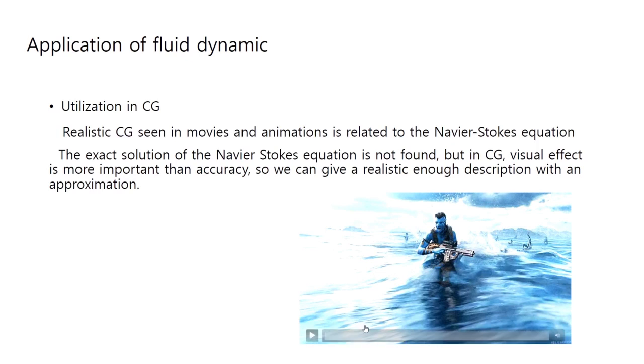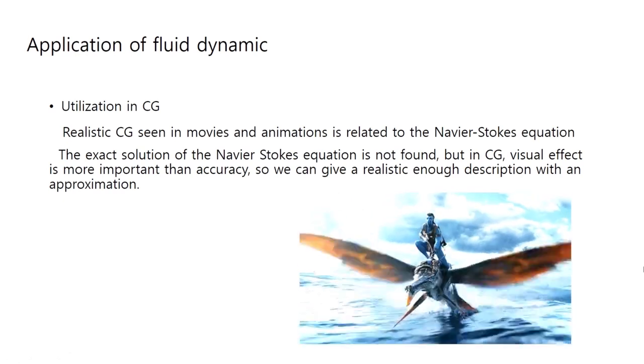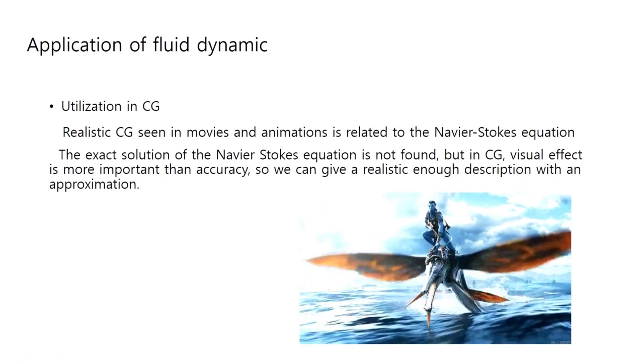The exact solution of the Navier-Stokes equation is not found, but in CG, visual effect is more important than accuracy, so we can give a realistic enough description with an approximation.